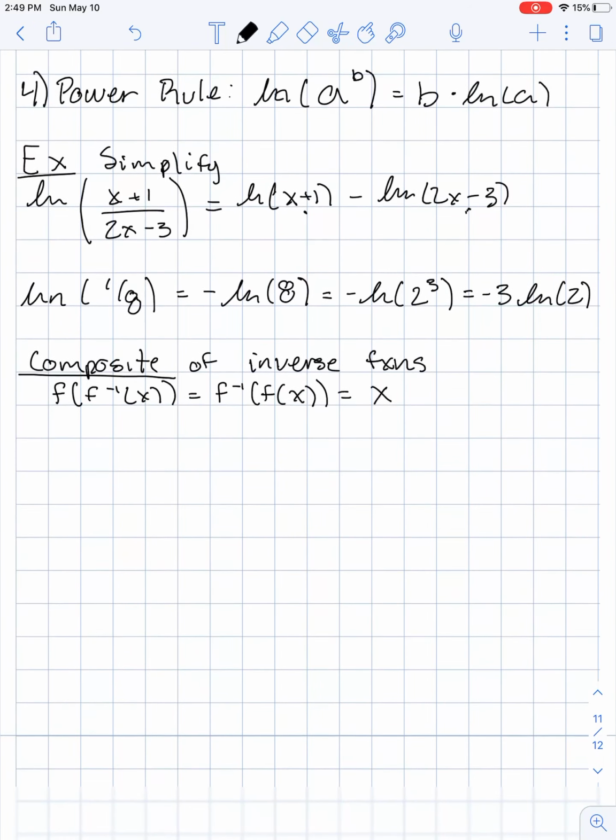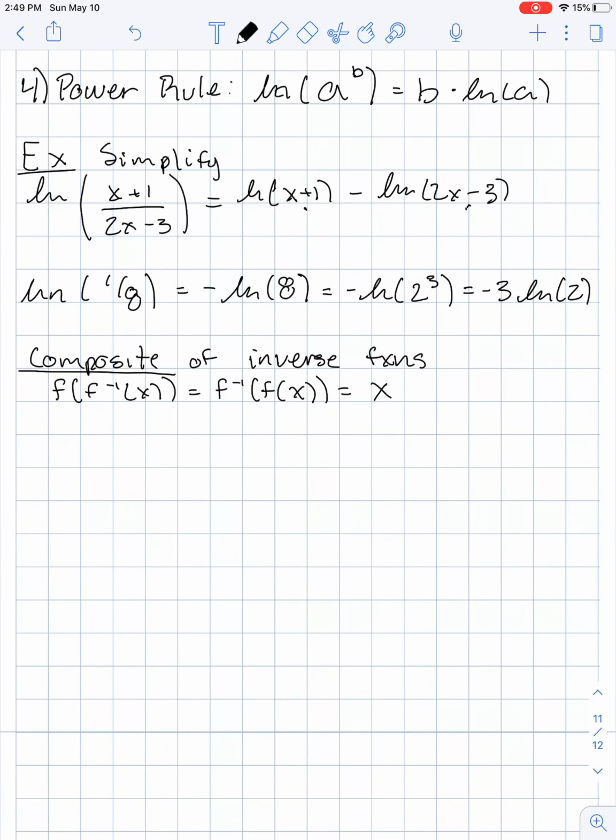This is a very important rule that we're going to use to show some other cool things about logs.